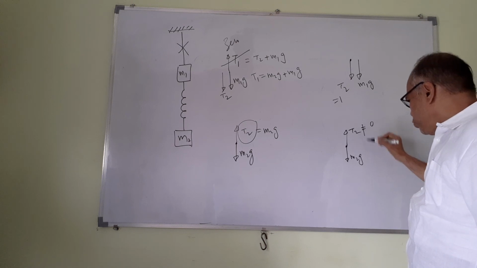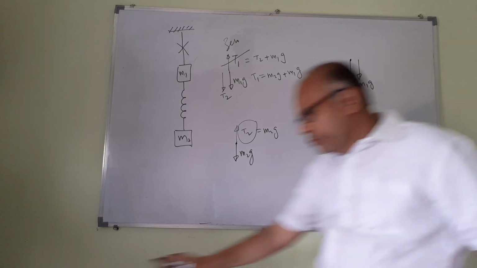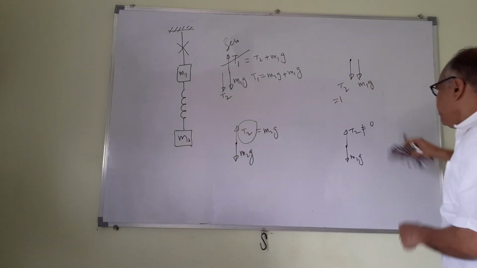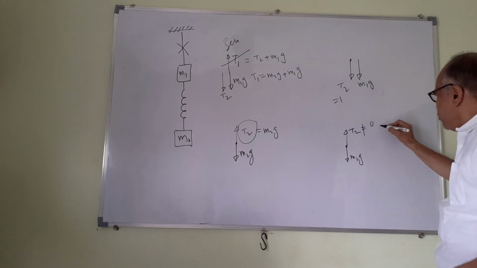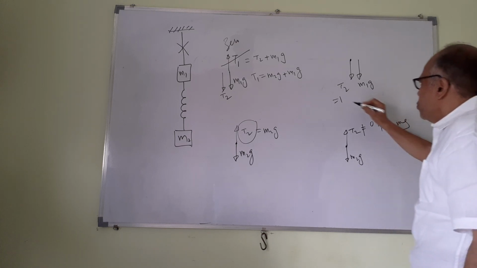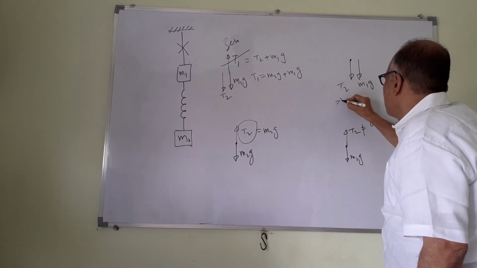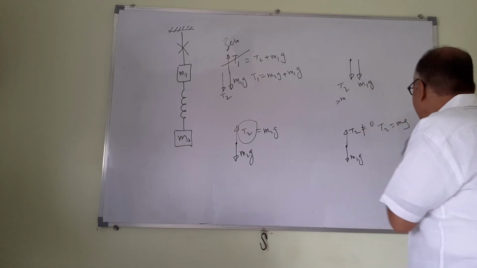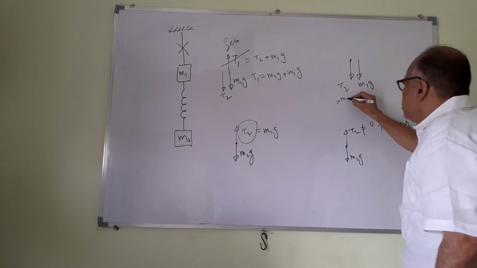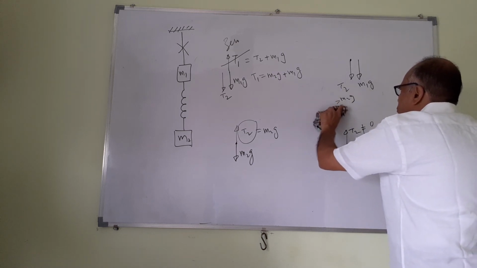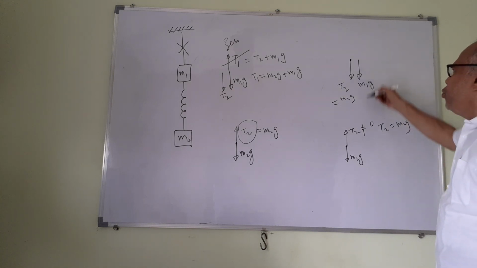In fact, T2 will be equal to m2g, non-zero. So T2 would be m2g. So what is the net force on m1?